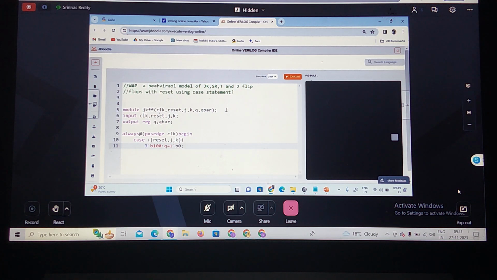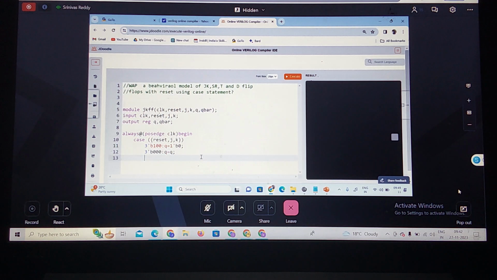When reset is equal to 1, concatenation I am doing, correct? Next is 3 tick B, 0, when reset is 0, J0, K0, what is Q equal to? Memory state means Q is equal to Q, correct?